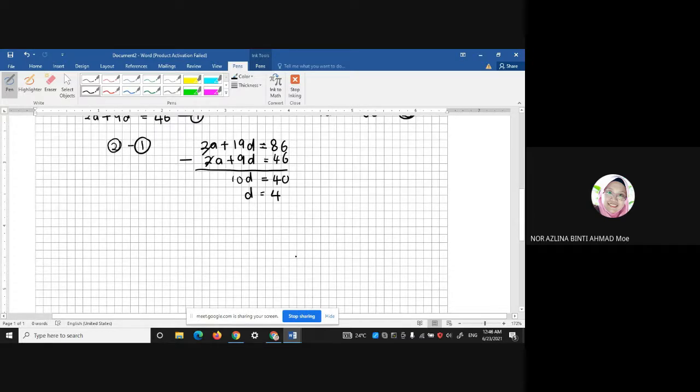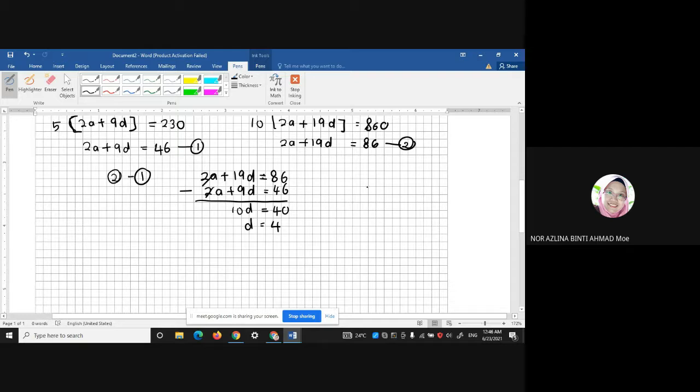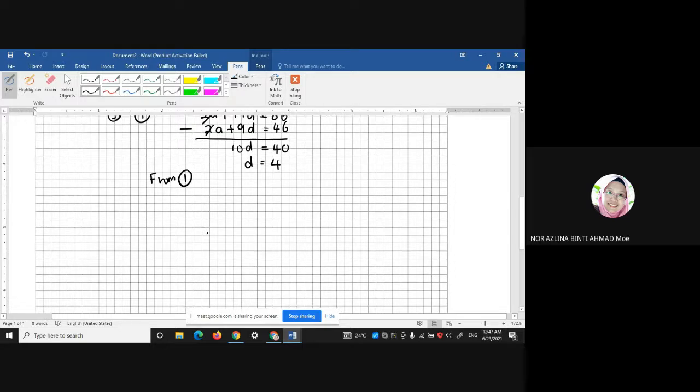So d equals 40 divided by 10, the answer is 4. And how to get A? You can substitute into equation 1 or 2, either one. So I take from equation 1. From 1, 2A plus 9D equal to 46.